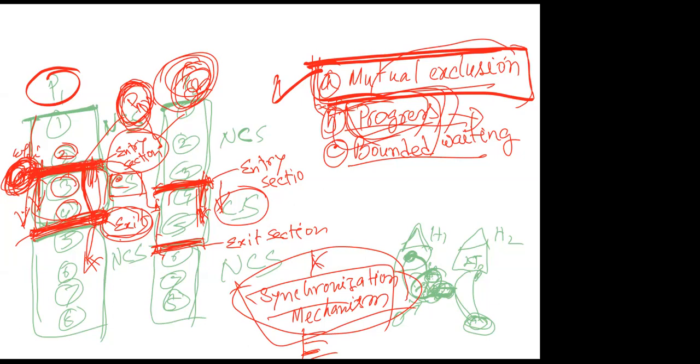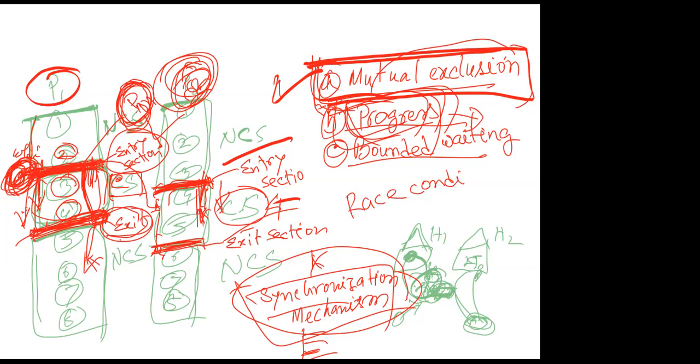So far, do you have any questions or comments regarding process synchronization? Today we learned a couple of important concepts for understanding process synchronization: the critical section, the non-critical section, and the race condition, which is a very important concept.